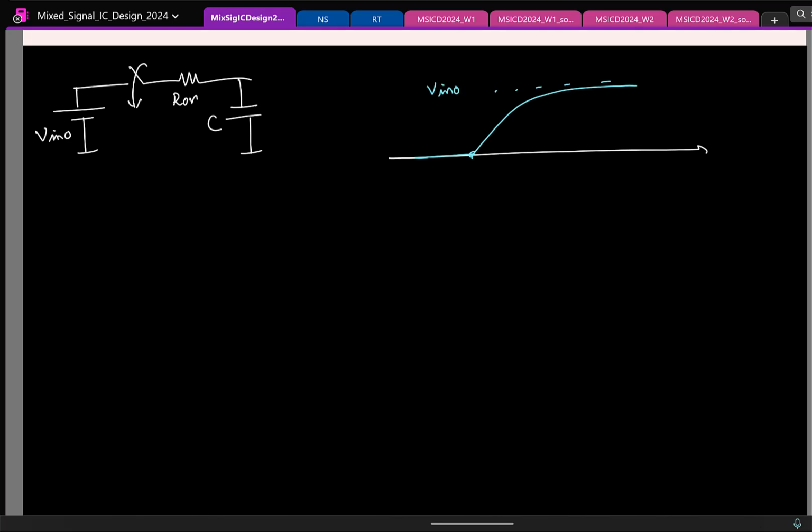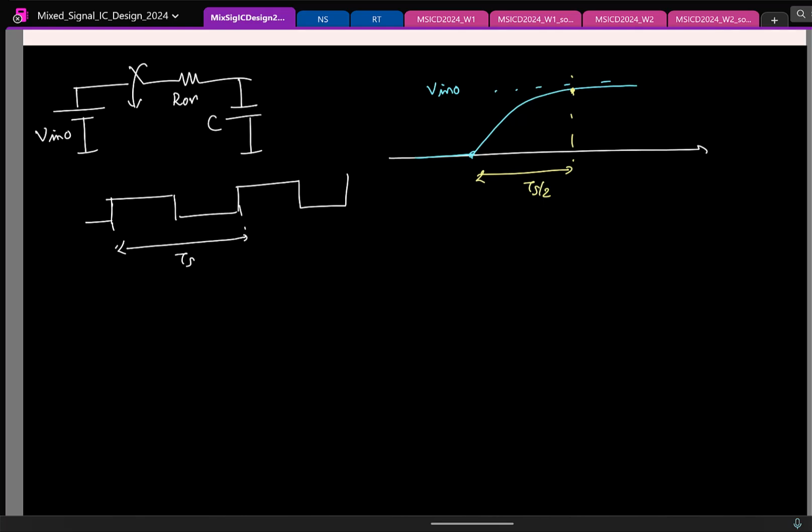And remember, the clock is something like this. So if the clock duration is Ts, for how long is the switch on for? Ts by 2. So you're interested in the value at, say, some time instant Ts by 2. Now you see that if the on resistance is not small enough, you might not be reaching the ideal value.